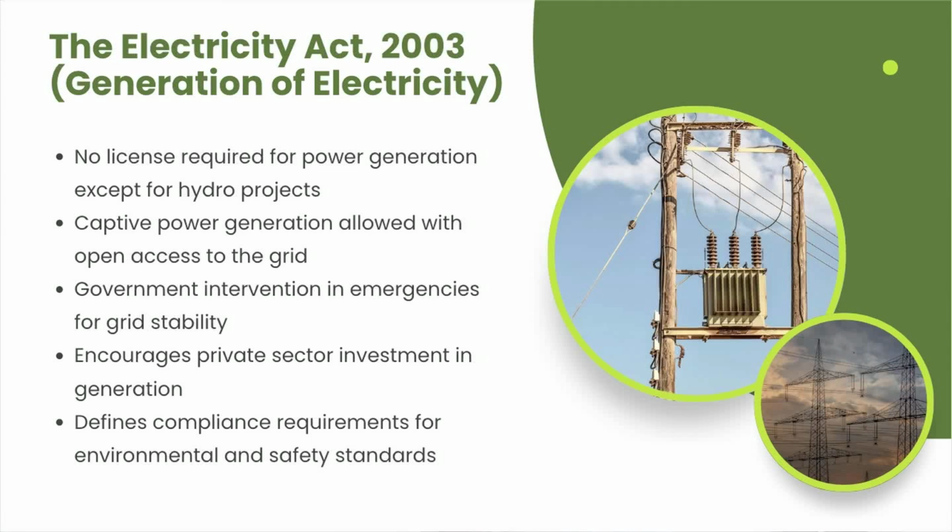The government can intervene in emergencies, so this helps maintain grid stability. So in the private sector, investment is encouraged. More investments means higher power availability. All power plants must follow regulations, environmental and safety standards must be met. So these reforms have transformed India's power sector, making electricity more accessible and more competitive.